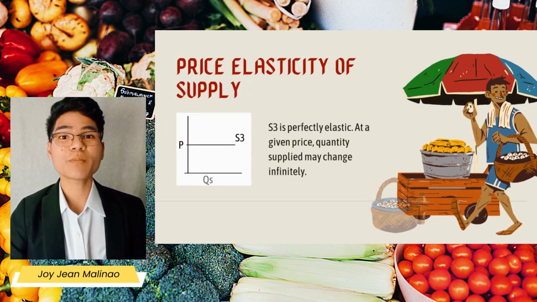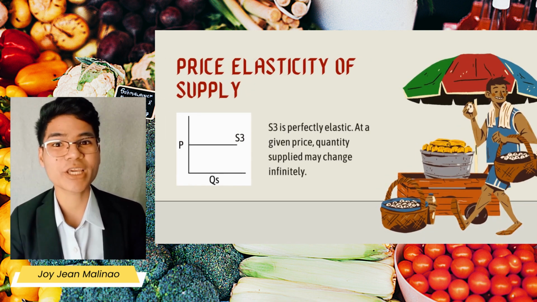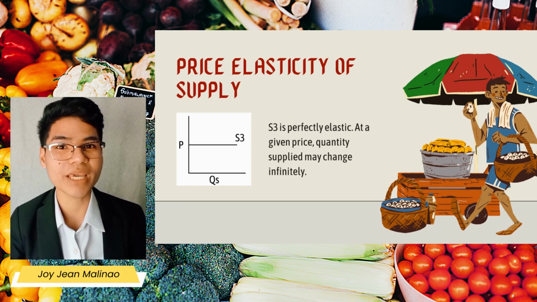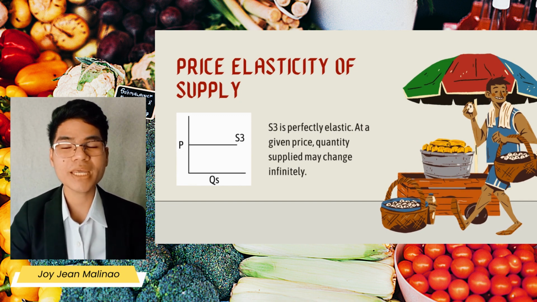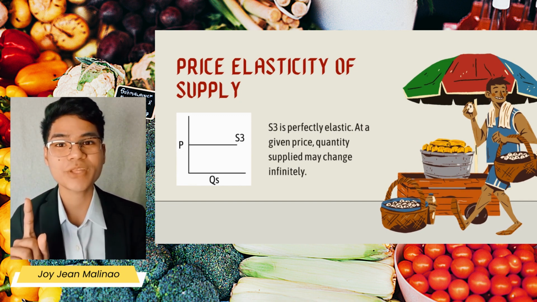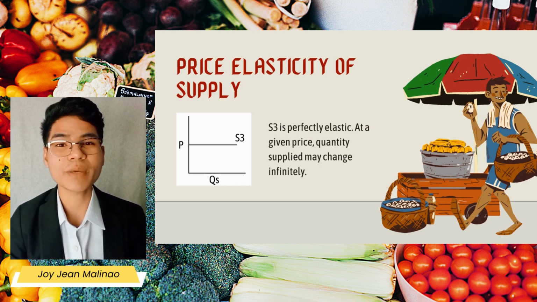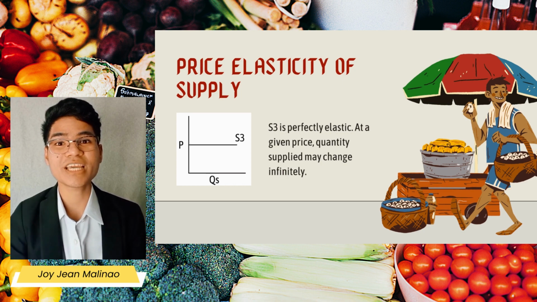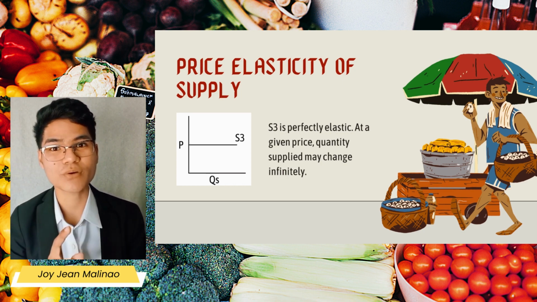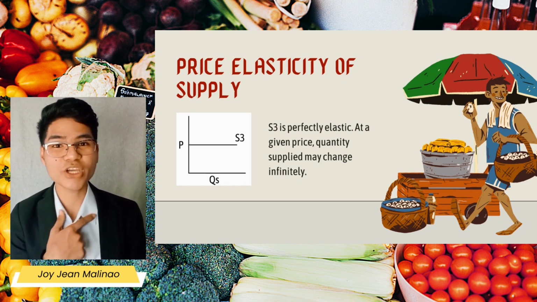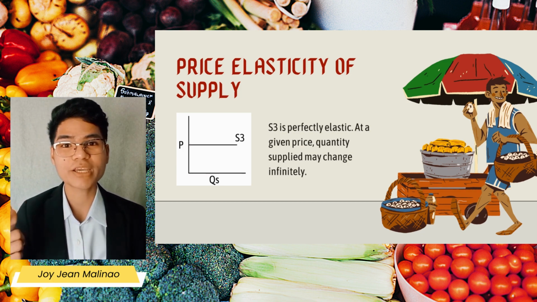In this graph, S3 is perfectly elastic at a given price. Quantity supplied may change infinitely, meaning the price is still 50 pesos. So, it is said that quantity supplied may change infinitely because the supply is increased. I am the buyer of banana from the supplier.